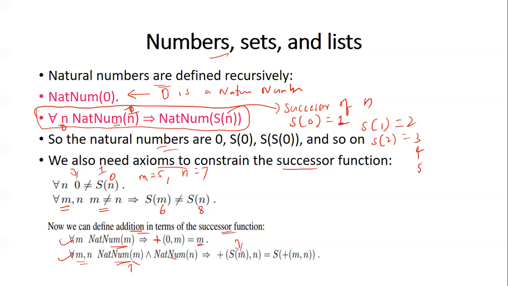So m is incremented by 1 and then the incremented m and n are added, right? So this can also be represented like this, s of plus within brackets m comma n. So first we are adding m and n, and then to that sum 1 is incremented. Okay. So s represents successor. To that sum, we are taking the next one, right?